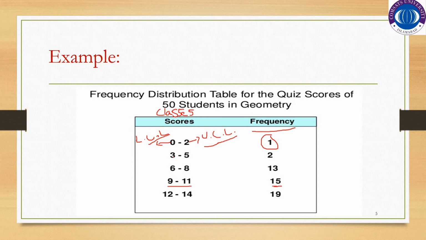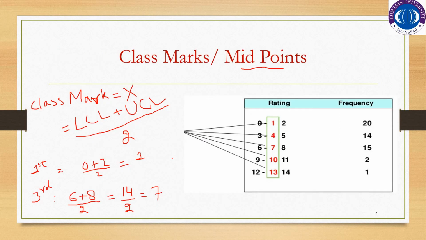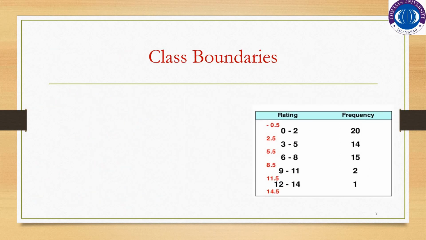If we have two consecutive classes, then there is a gap between the upper limit of the previous class and the lower limit of the next class. So, in class boundaries, what do we do? We actually remove this gap.